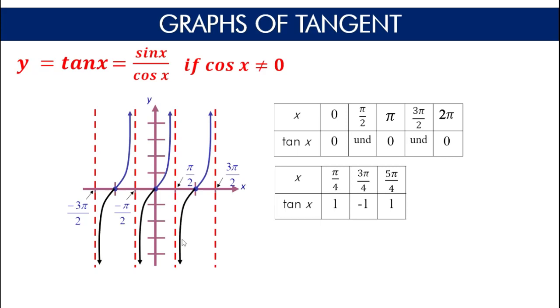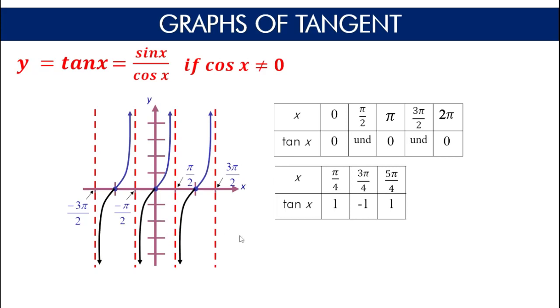Just extend it and approach the vertical asymptote. And for 5 pi over 4 comma 1, we have here, then extend it and approach the vertical asymptote. So this is the nature of the graph of the tangent function.